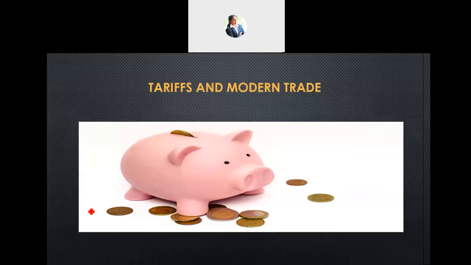Such organizations make it more difficult for countries to put tariffs and taxes on imported goods and can reduce the likelihood of retaliatory taxes. Because of this, countries have shifted to non-tariff barriers, such as quotas and export restraints.